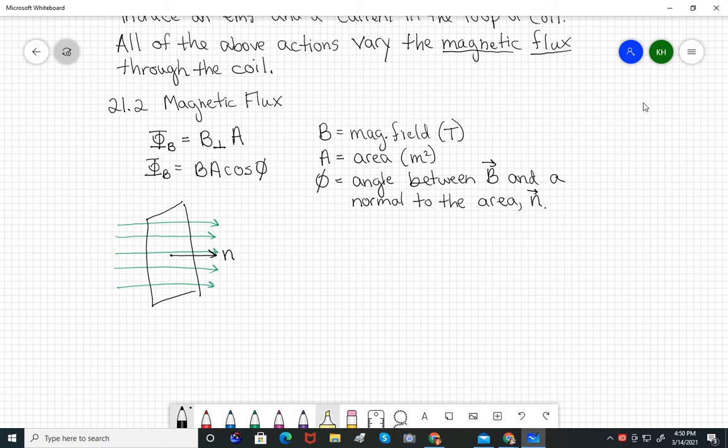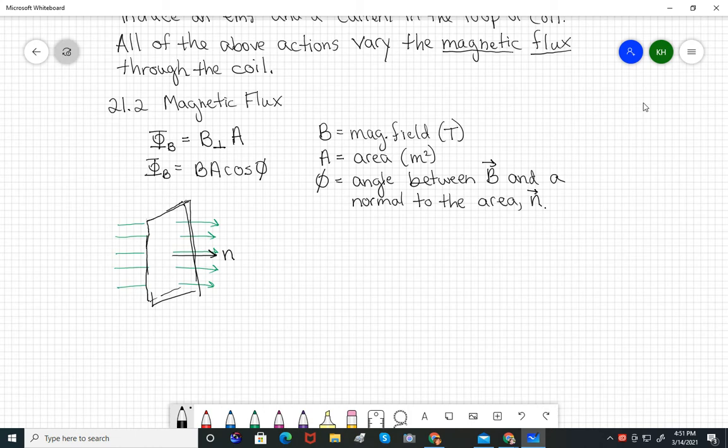You can see that these magnetic field lines would just go right through the paper, all pass right through, like that.